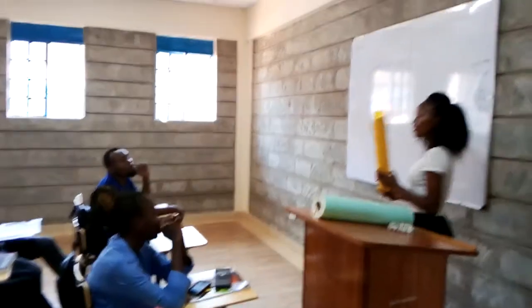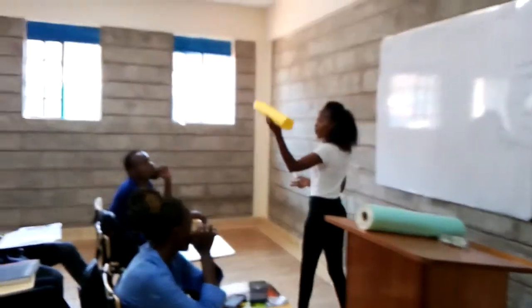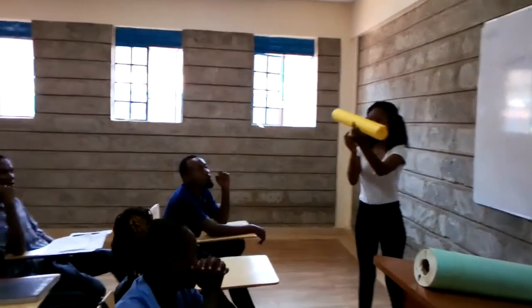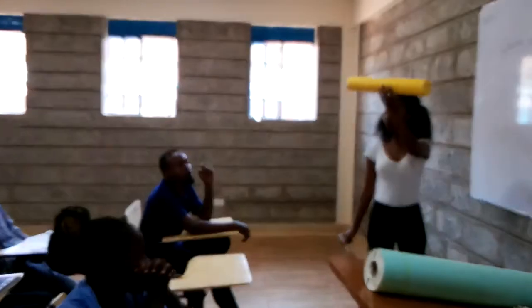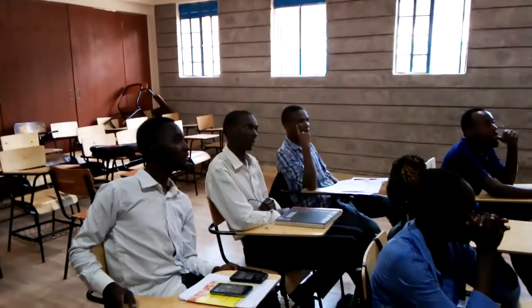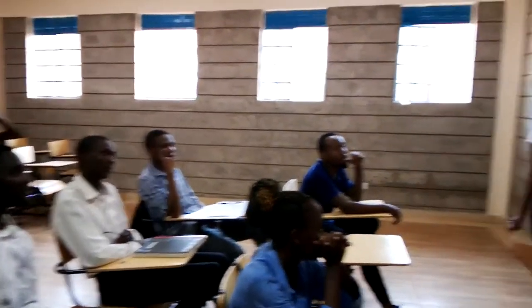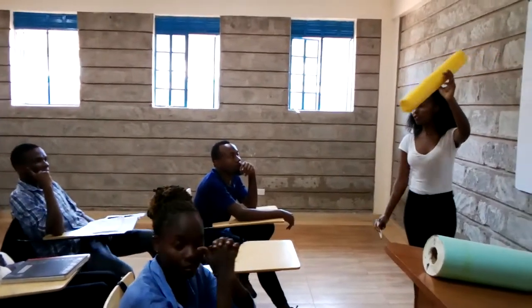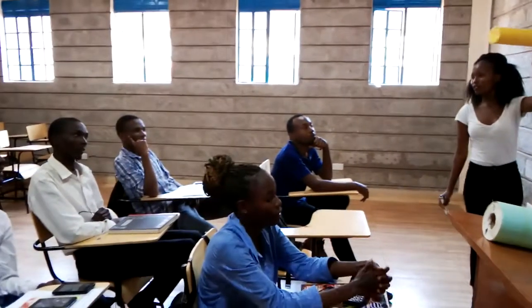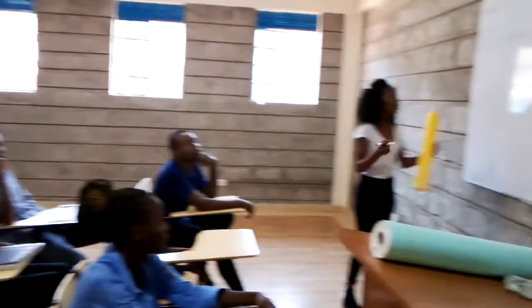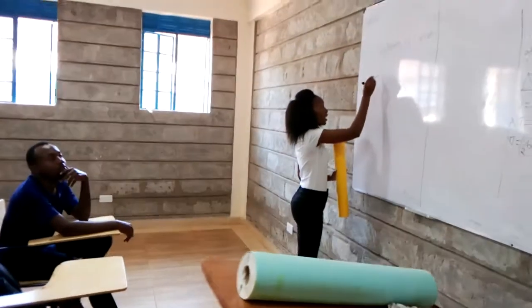So here is our cylinder. What can you see? There is a circular end B, circular end A, and the curved surface. So this is how our cylinder looks like.